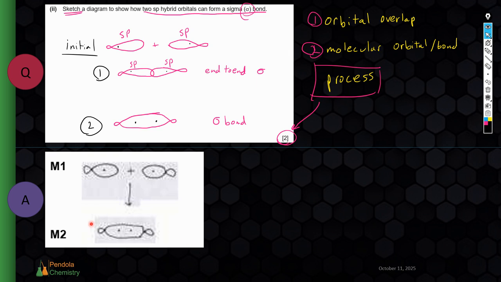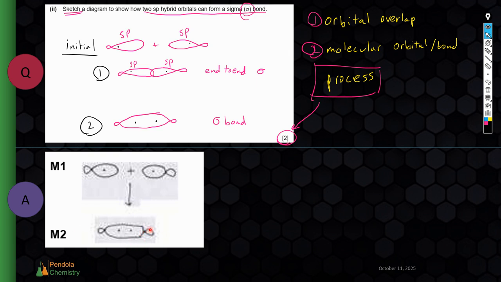And then they want to see your overlap of both hybrids becoming one molecular orbital of that sigma bond here. So 1 point for showing either the 2 hybrids or the hybrids overlapping, and then 1 for showing the actual combined hybrids in one molecular orbital.